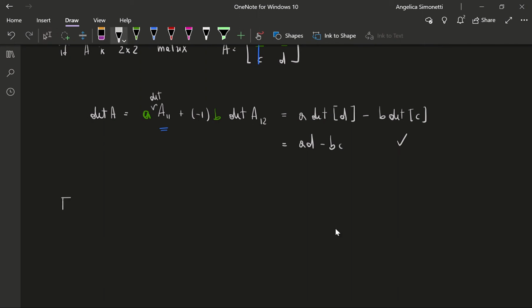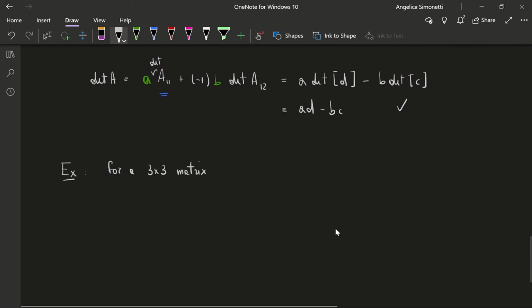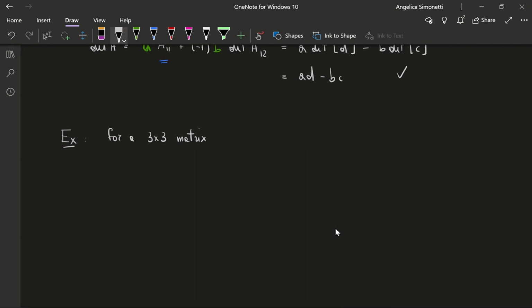So for a 3 by 3 matrix, let's write down the formula again, just to make sure that we know.